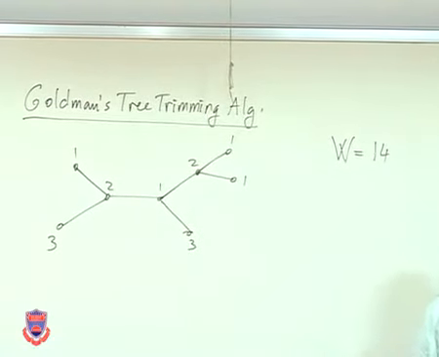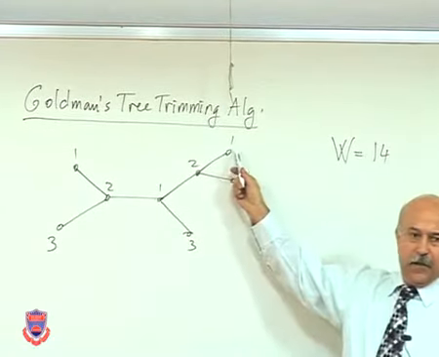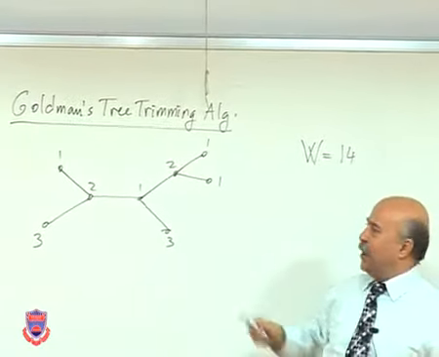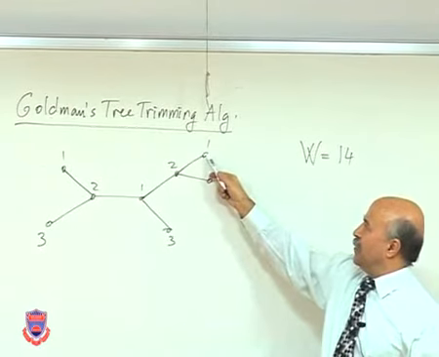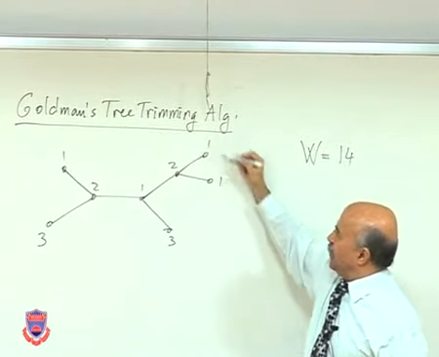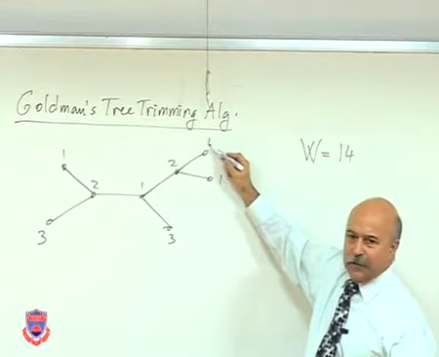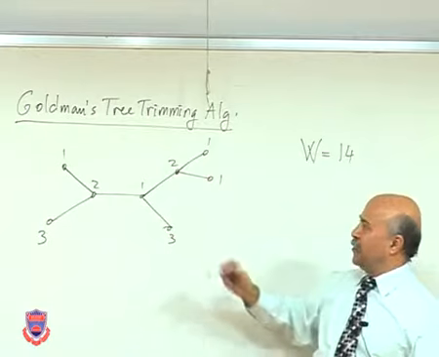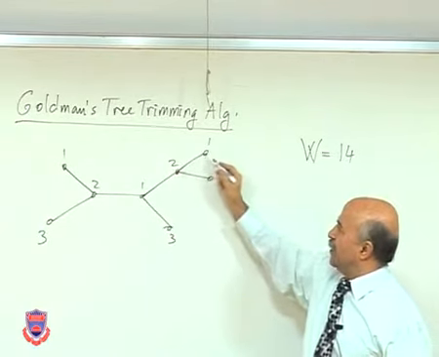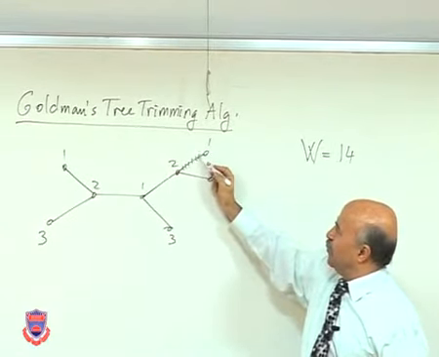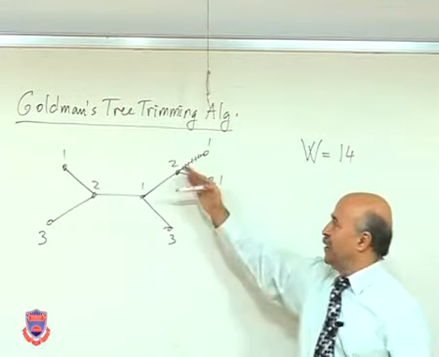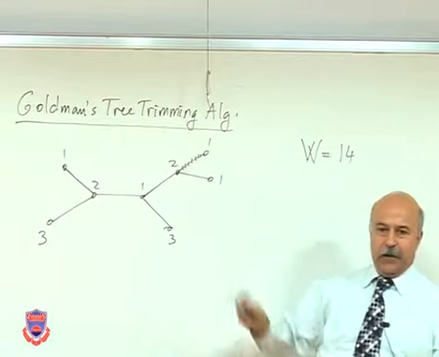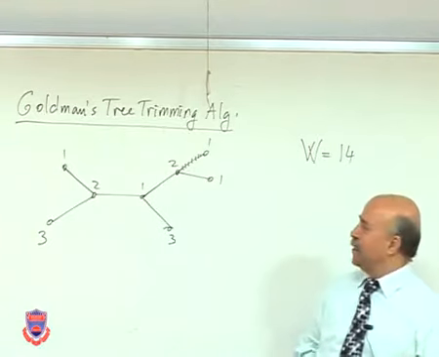So what Goldman does is he begins with tip vertices, the vertices that have exactly one edge incident. When you partition it in your head, it will have a total weight of 1 on one side and the remaining weight, which is 13, on the other side. So obviously you want to move your attention towards this part of the tree for looking for an optimum. That part is gone. You can just drop it.